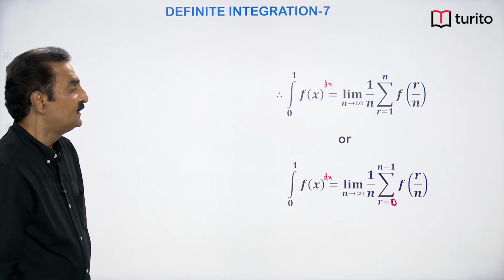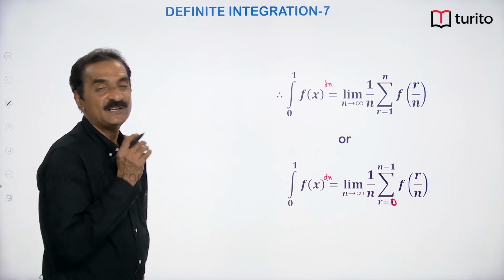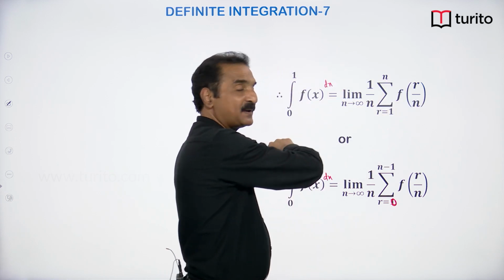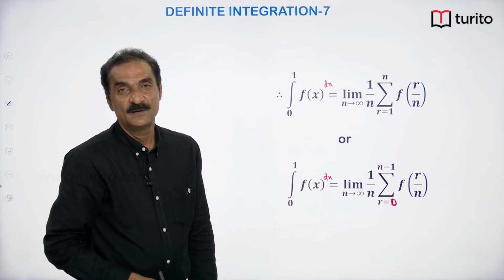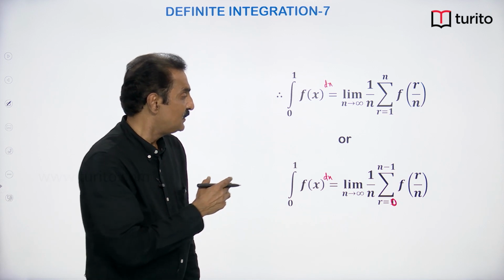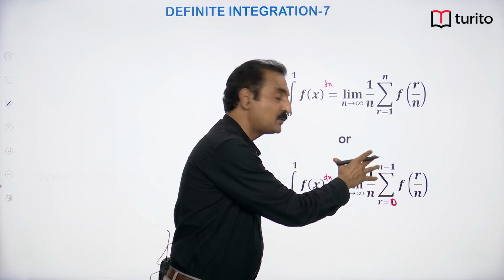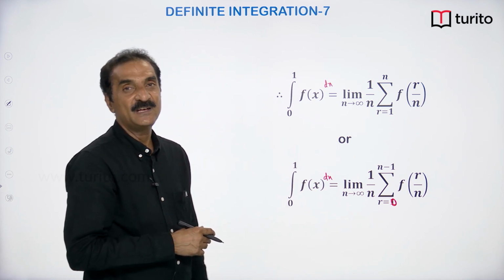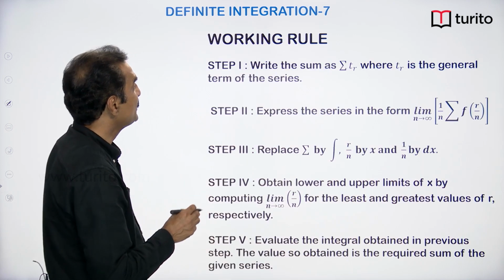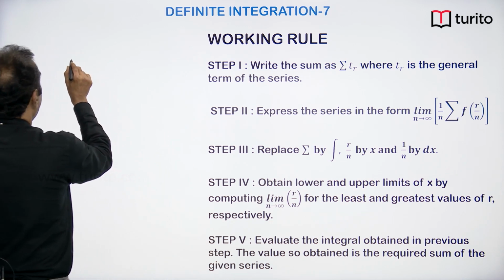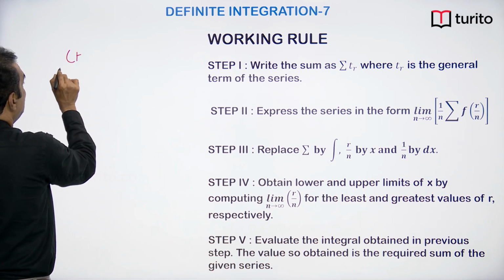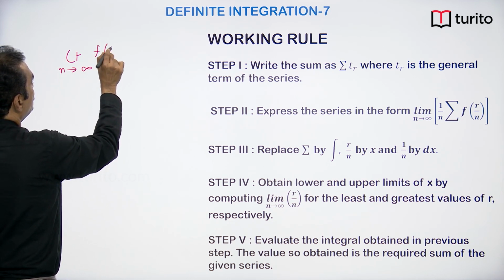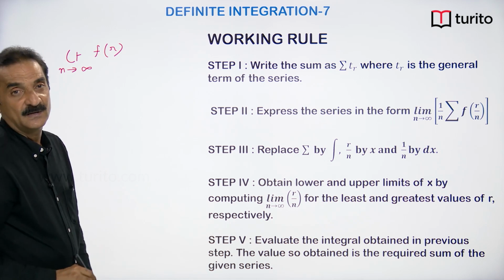Now, using this formula, we can find the limit of a sum by expressing it as a definite integral. If you want to calculate limits by using definite integration, we have to follow a working rule. What is the working rule? Suppose you have the question: limit as n tends to infinity of some sum.